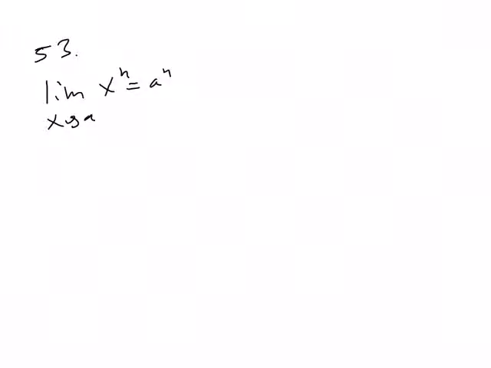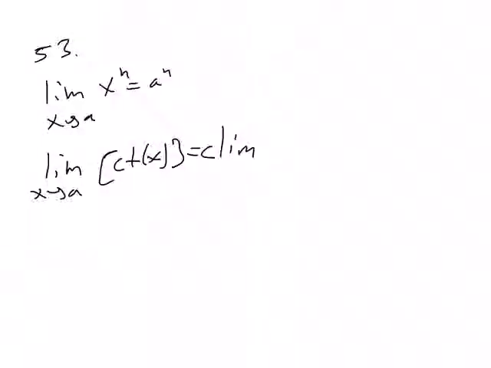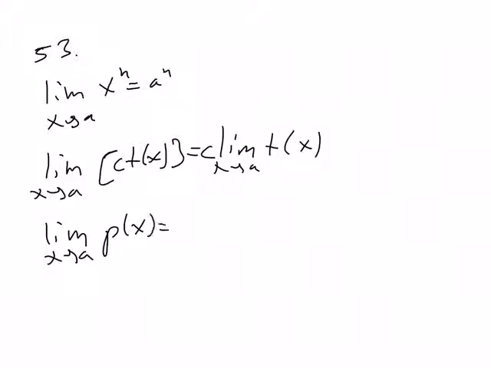And we know we can take out constants, so the limit as x goes to a of c times f of x equals c times the limit as x goes to a of f of x. And because of this, the question is, if p is a polynomial, show that the limit as x goes to a of p of x equals p of a.